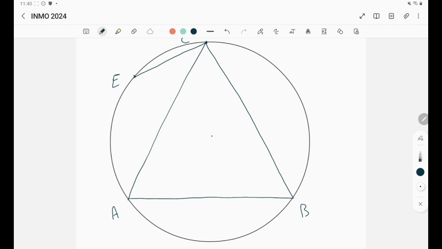And now we're going to take the parallel line. These are the points F and G. And as we mentioned, we're going to take the circumcenter for this triangle.